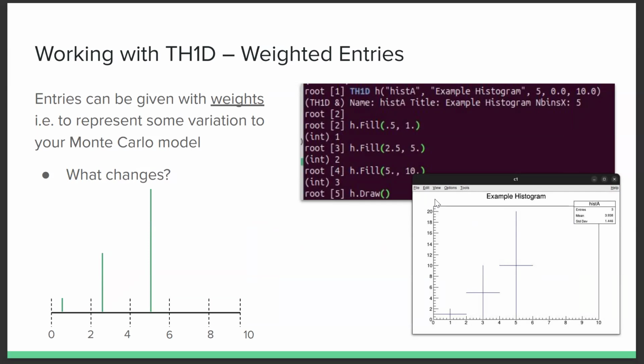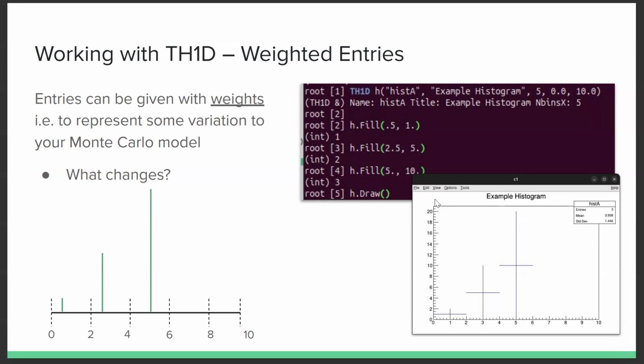So you could also fill it with weights. Let's say you're running some Monte Carlo and you want to change your Monte Carlo with some weighting scheme. You can actually fill that with a set of weights, and you can see that, for example, this first one I fill at 0.5, just 1. Okay, so that's just this. The second one I fill at 2.5, and I give it a weight of 5, so it's 5 times that size.